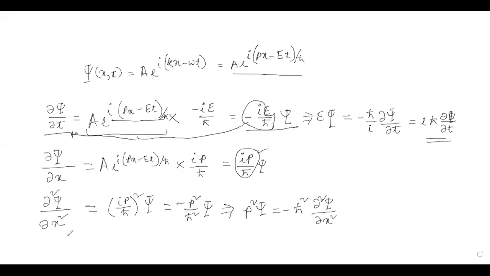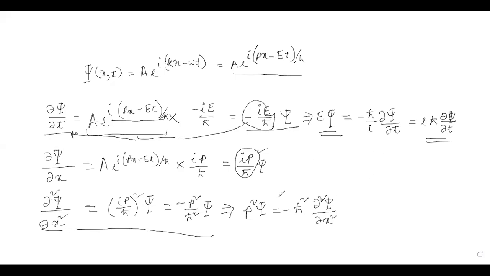So from this relation, we have obtained p squared psi equal to minus h bar squared del 2 psi by del x squared.